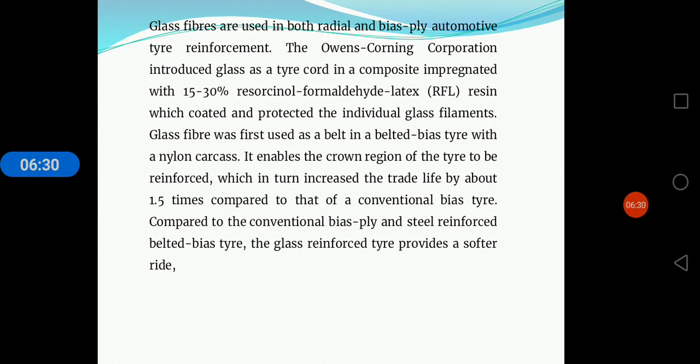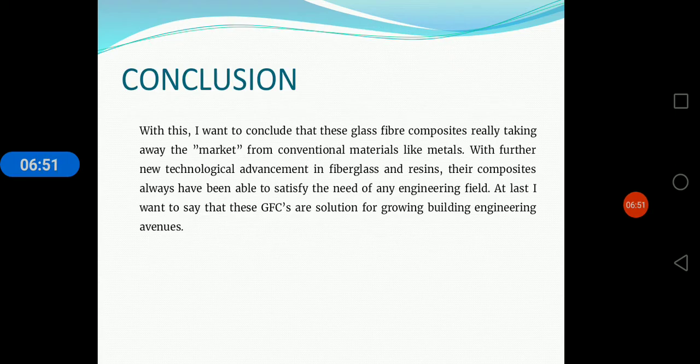It enables the crown regions of the tire to be reinforced, which in turn increased the tread life by about 1 to 5 times compared to the conventional bias tire. Compared to conventional bias ply and steel reinforced belt bias tires, the glass reinforced tire provides a softer ride.